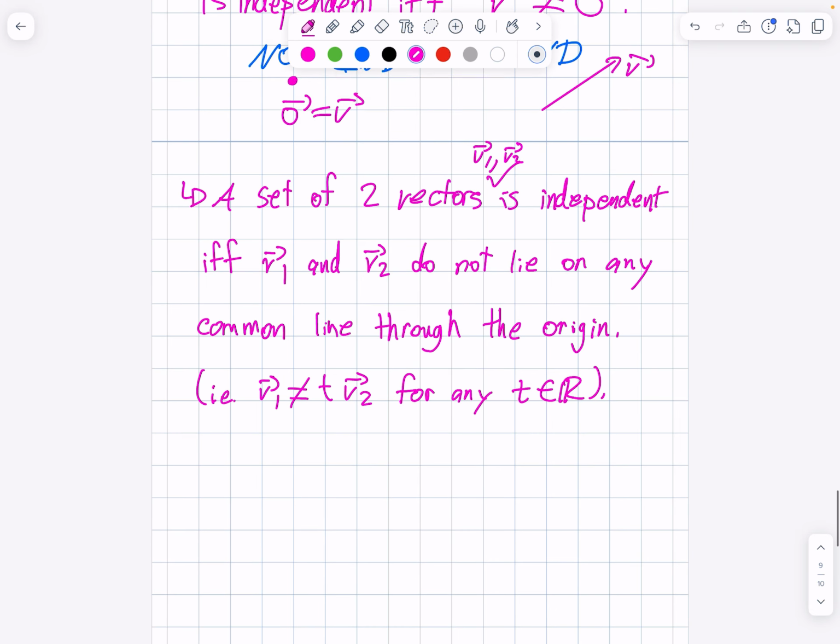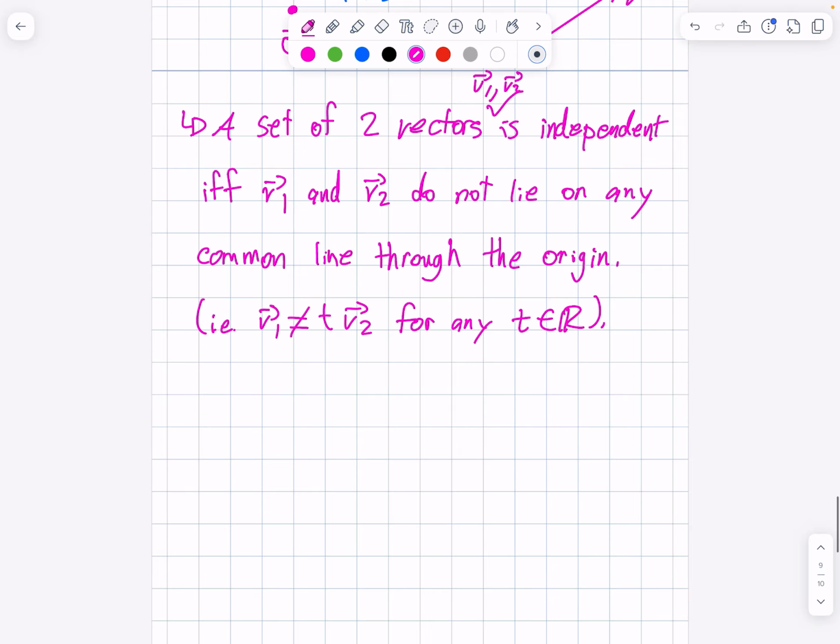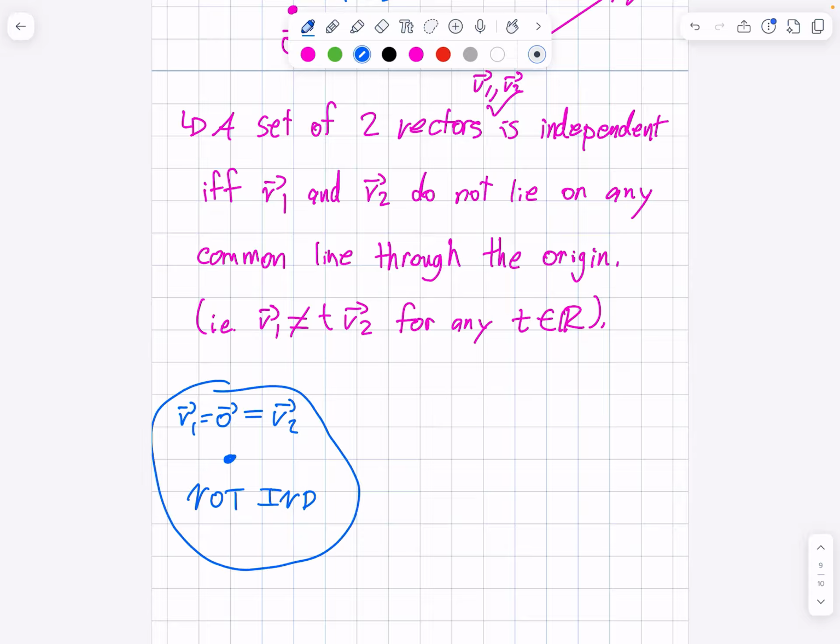Let's visualize the different cases which can occur here. Of course we have the case where v1 is 0, and that's also the same as v2. Then our set is just a single point, and this is not independent. Here's another case: v1 and v2 are both non-zero, but they lie on this common line.